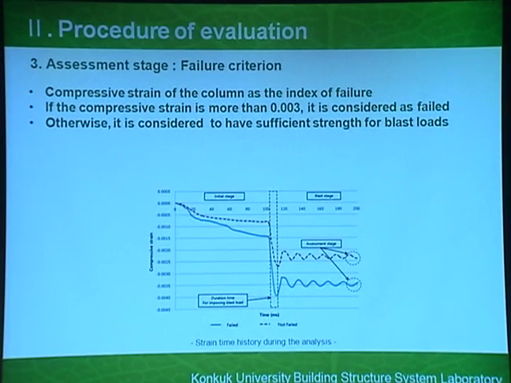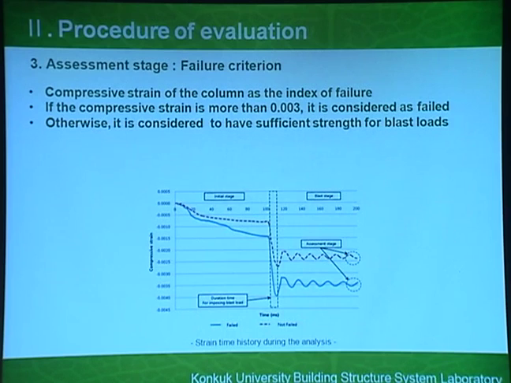The last part is the assessment stage. We have to determine whether the column has failed or not, so we have to set up some failure criteria. At the preliminary stage, we used the displacement as an index of failure. But the displacement is a little bit vague.